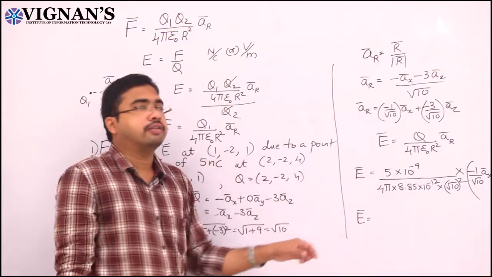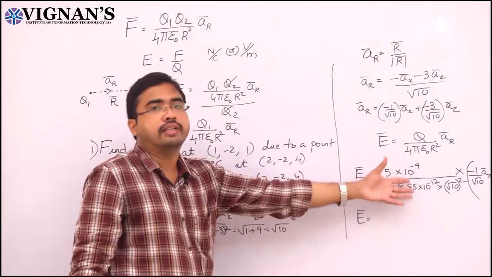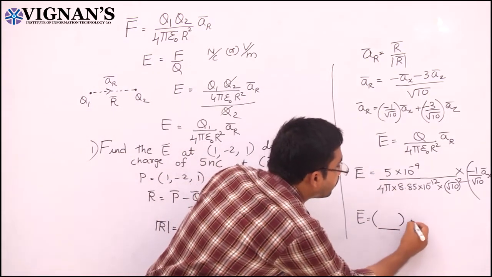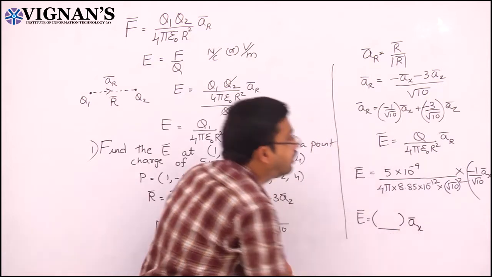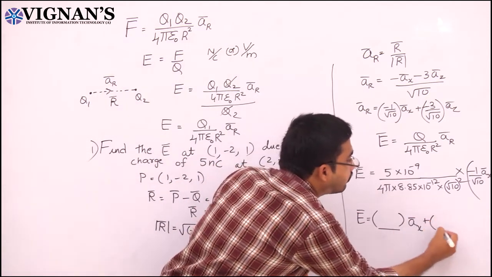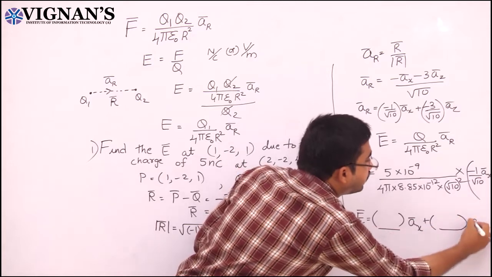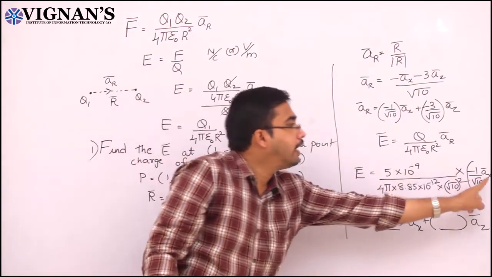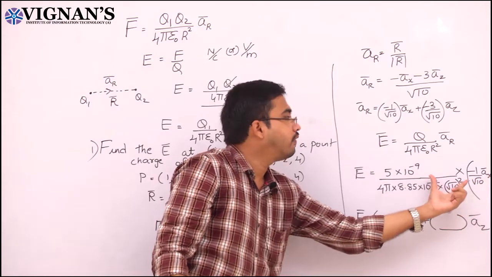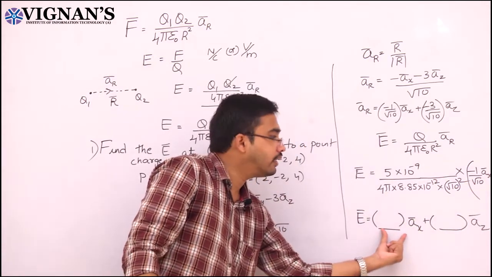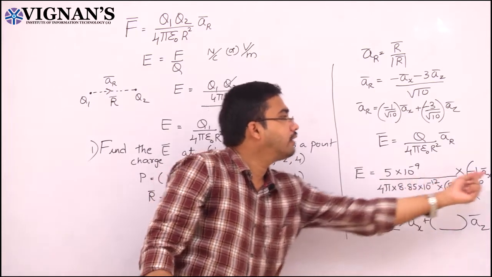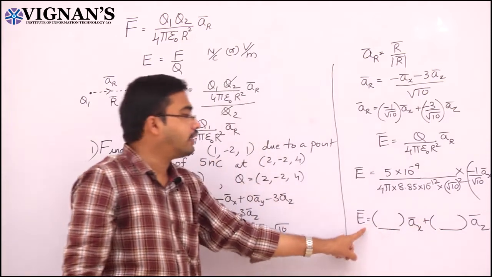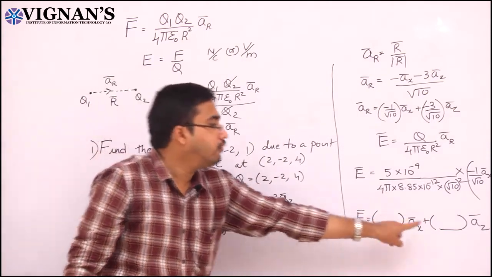You simplify that in your calculators and your value will be some constant into ax bar plus some constant into az bar. This is the electric field intensity in vector form.